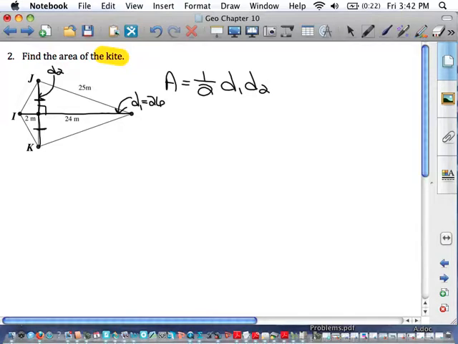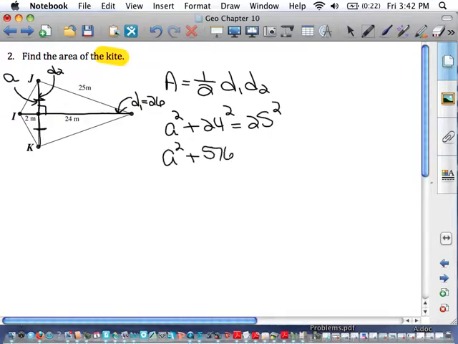I'll call this segment A, and I can use the Pythagorean theorem to find the length of that segment A. So I have A squared plus 24 squared is equal to 25 squared. A squared plus 576 is equal to 625. So A squared is equal to 49. A is equal to 7.